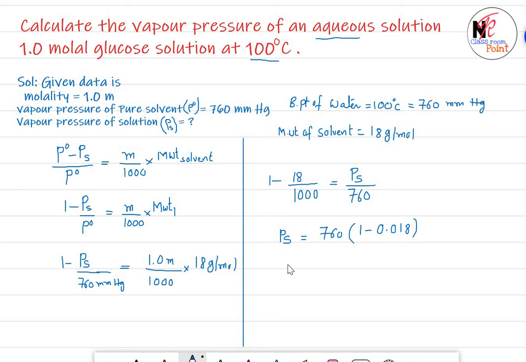So now the vapor pressure of the solution, Ps, is equal to 760 into 0.982. Now the vapor pressure of the solution is equal to 746.32 millimeters of mercury.